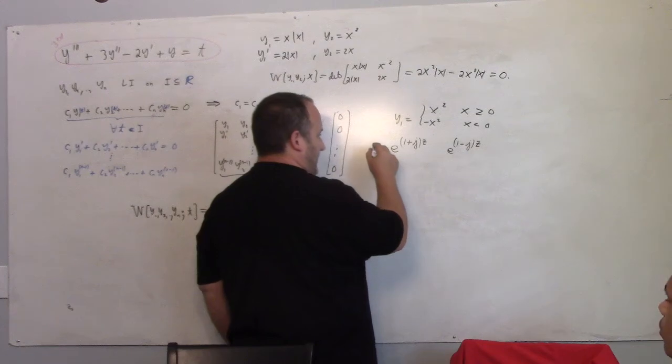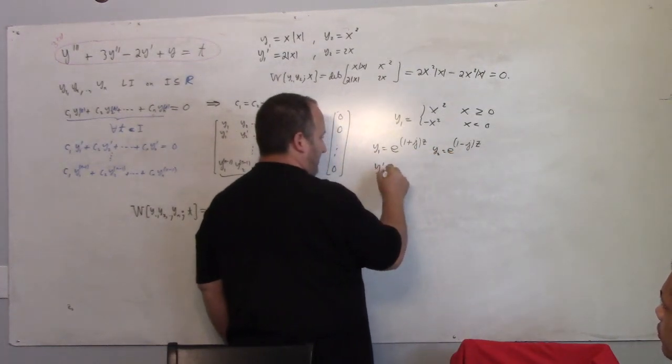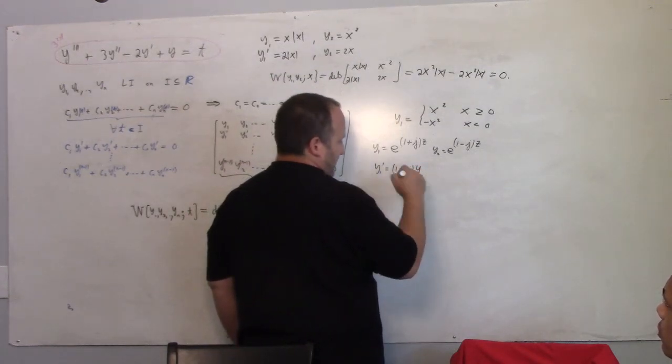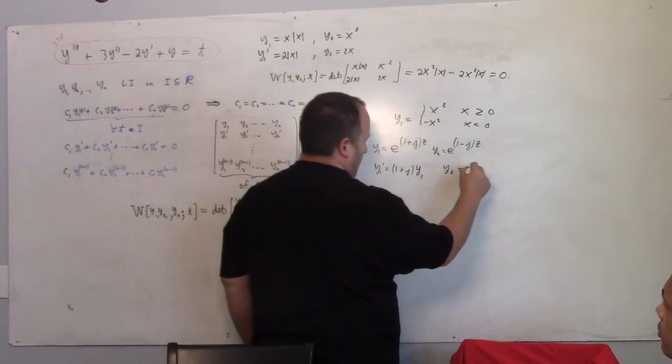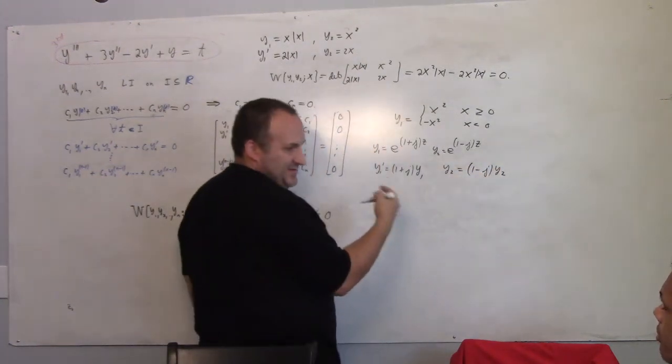If that's y1 and that's y2, then y1 prime is (1 plus j) times y1, and y2 prime is (1 minus j) times y2. See, I'm just being lazy.